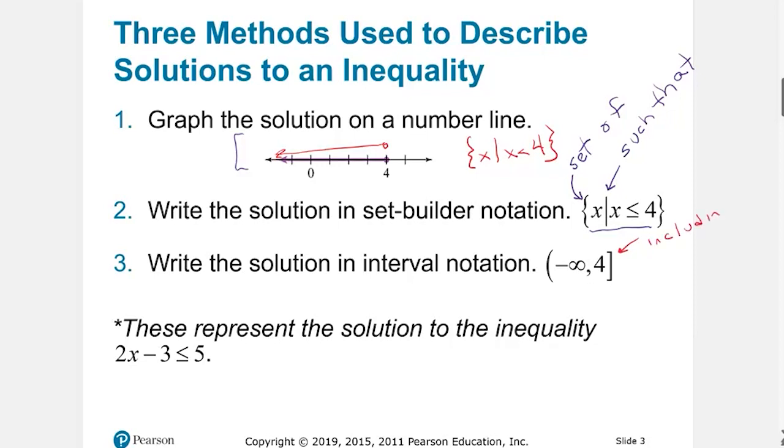We're including 4 because it says less than or equal, and since 4 is equal, we include it. If I just wanted X is less than 4, I would go from negative infinity to 4, but I would put parentheses, meaning 4 is not included.